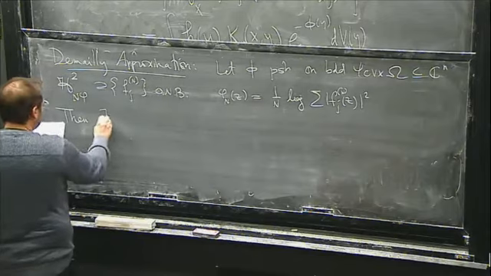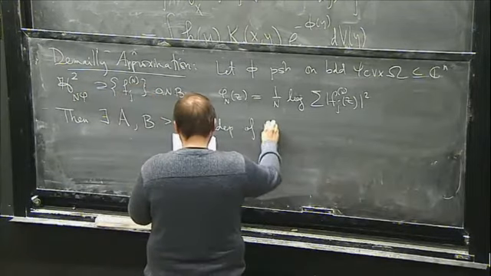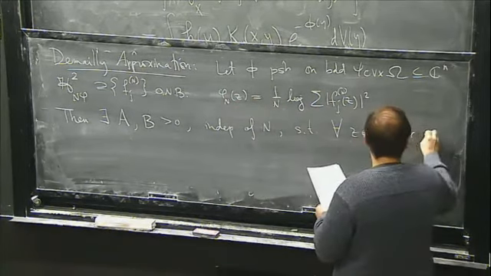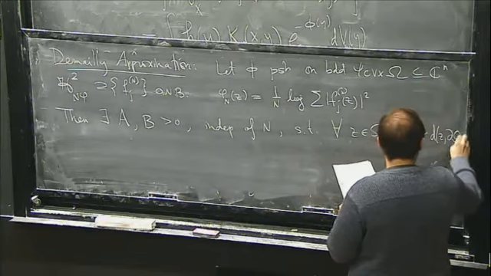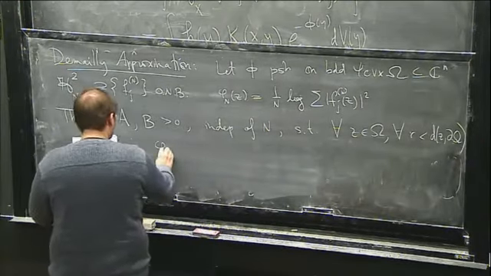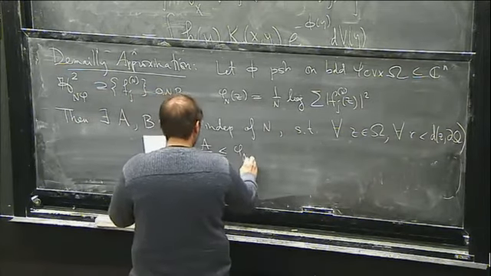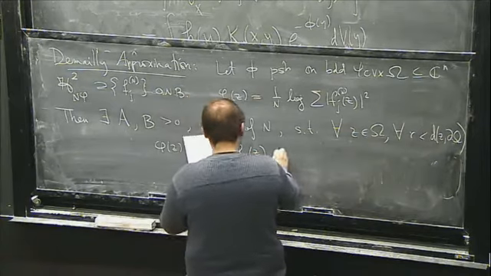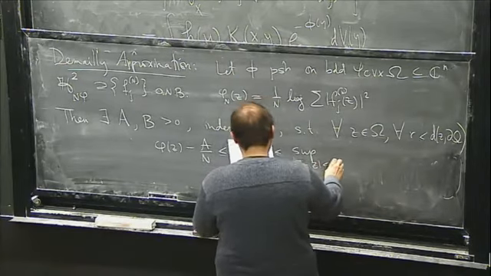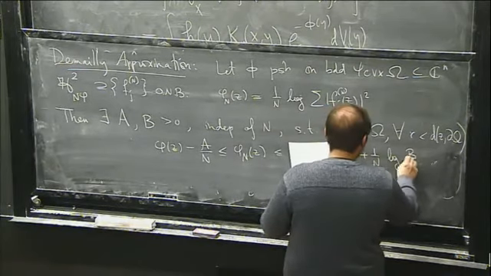Then there exist numbers a and b, positive, independent of n, such that for any point z in Omega, and for any r less than the distance from z to the boundary of Omega, you have the following estimate: phi of z minus a over n is less than or equal to phi_n of z, which is less than or equal to the sup, and this comes from the submean value property, sup over |z minus zeta| less than r of phi of zeta plus 1 over n log b over r to the 2n.